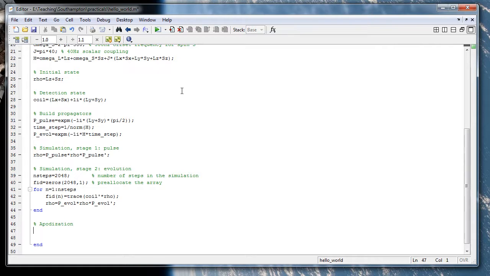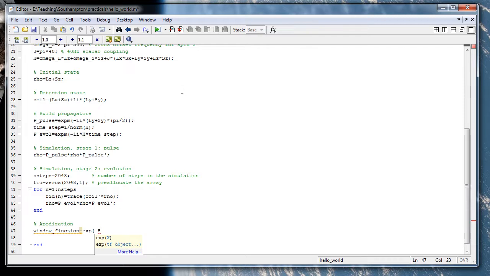Well, how to apodize things? Let's take an exponential apodization. So let's take our exponential function. So window function will be exp, so a decaying exponential minus, let's decay it to exp minus 5, so 5 times our effective t1.